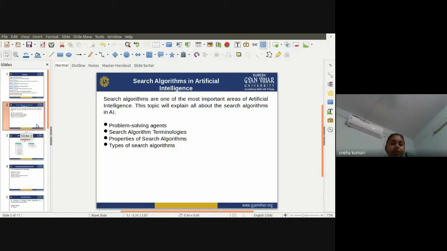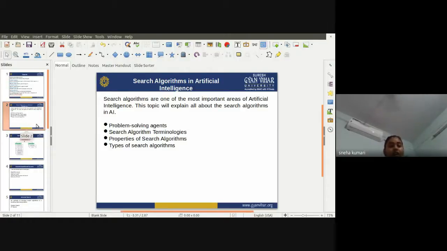Next terminology is optimal solution. If a solution has the lowest cost among all solutions. See, now we have four ways of reaching from Jaipur to Ajmer, and you go through every way. Now you find which way is more efficient, which way has a low path cost.